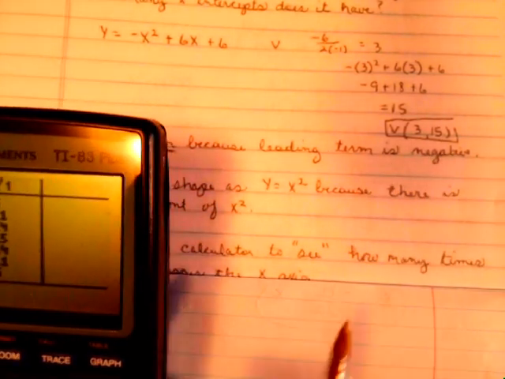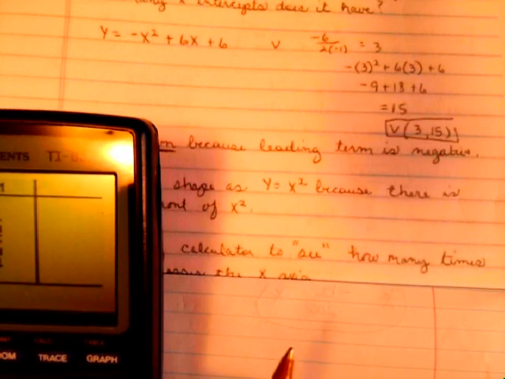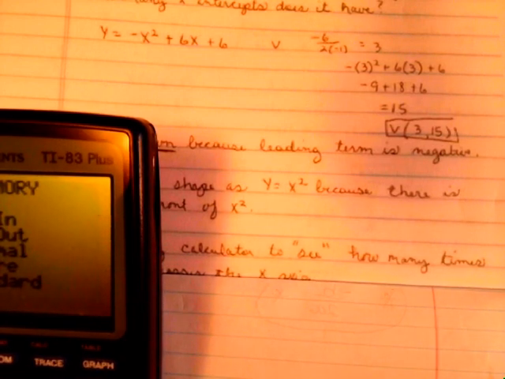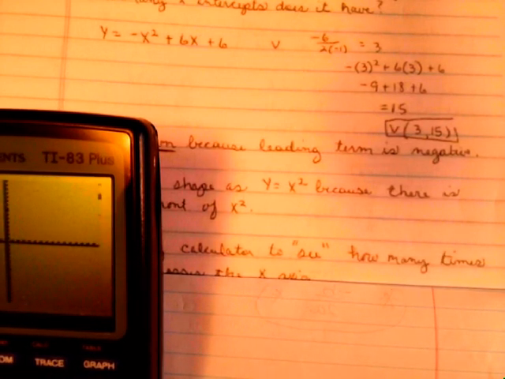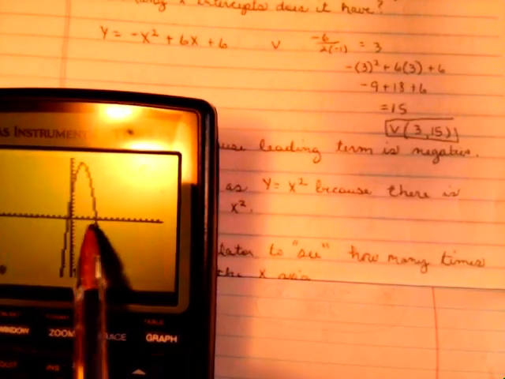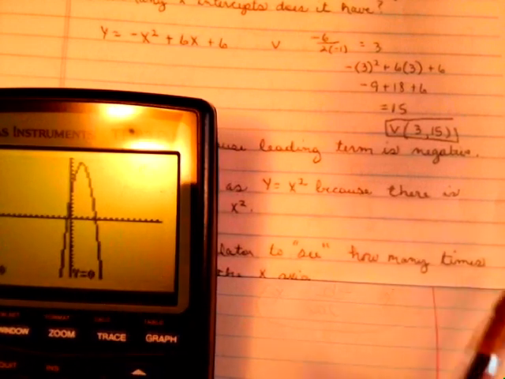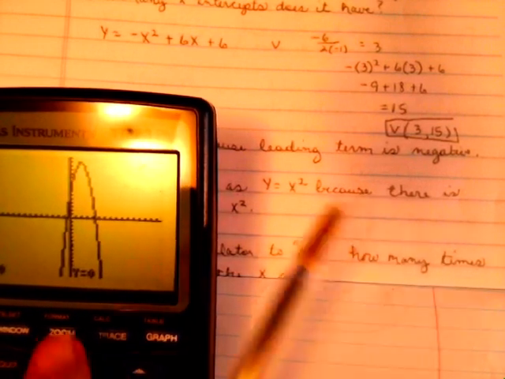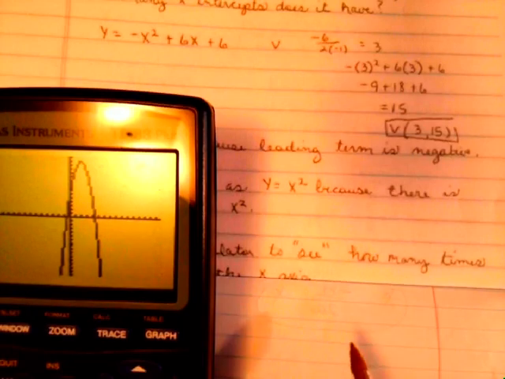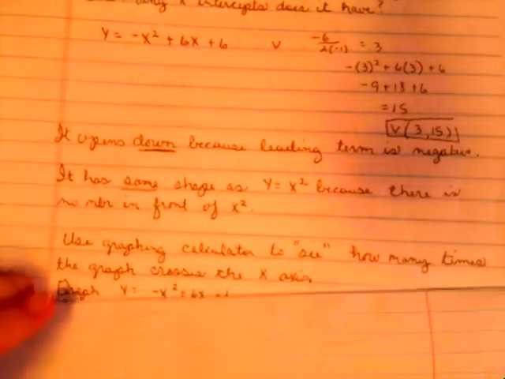I know that the vertex is 3, 15. I know it opens down. I'm going to zoom out and see what I see. Now, zoom out helped me. I couldn't see where it was crossing the x-axis, but I knew it had to be crossing in two places. So I went to zoom out, and whenever I did that and hit graph, I could see the whole graph. It crosses the x-axis in two places, and I've answered all the questions they've asked me on this problem.